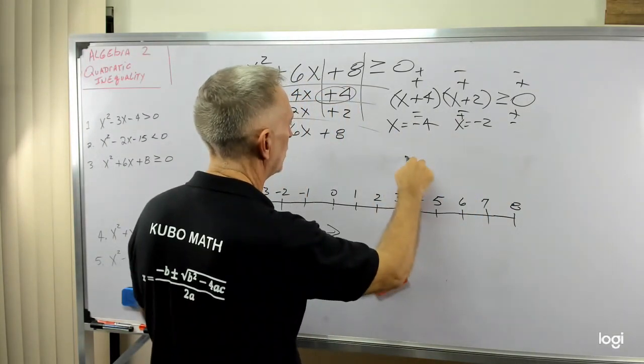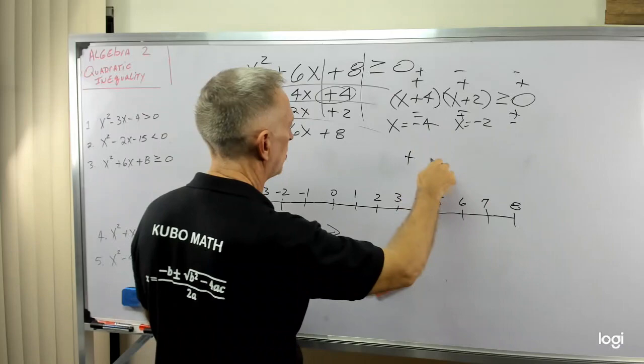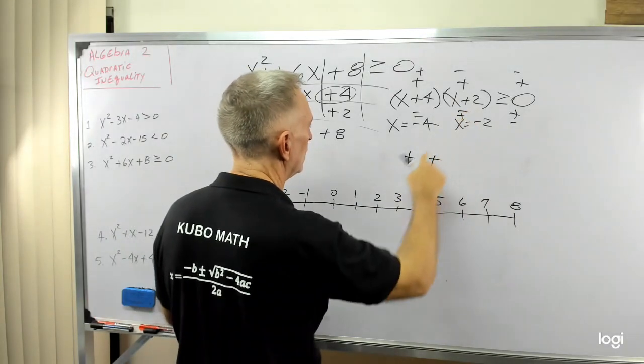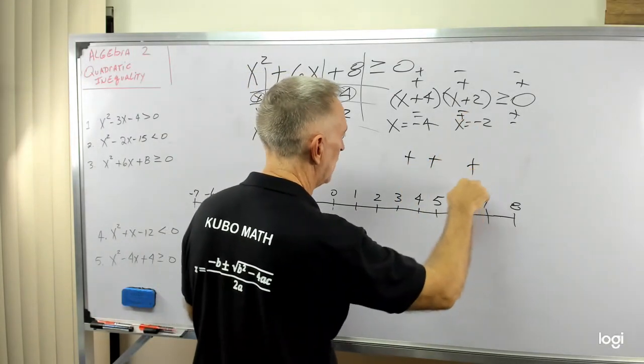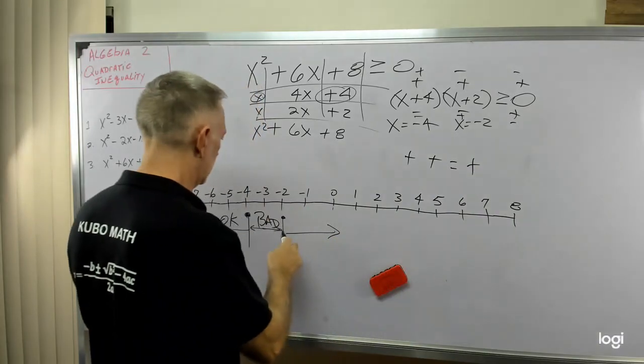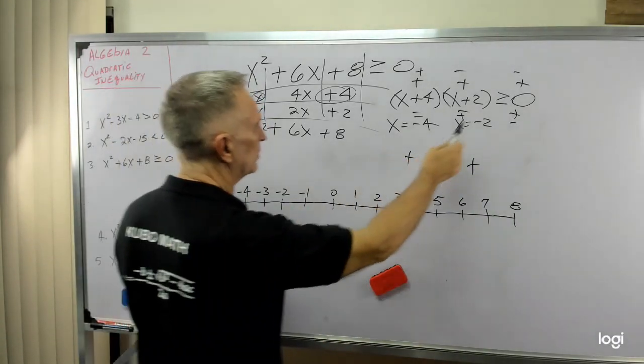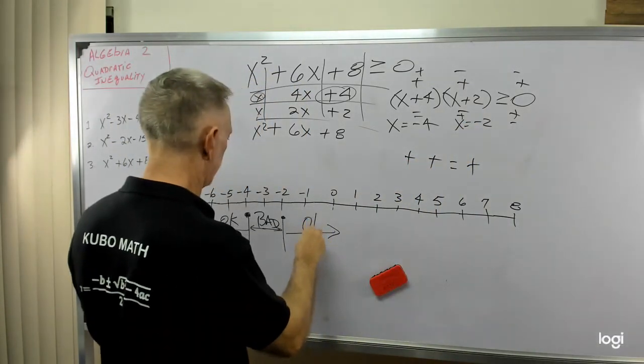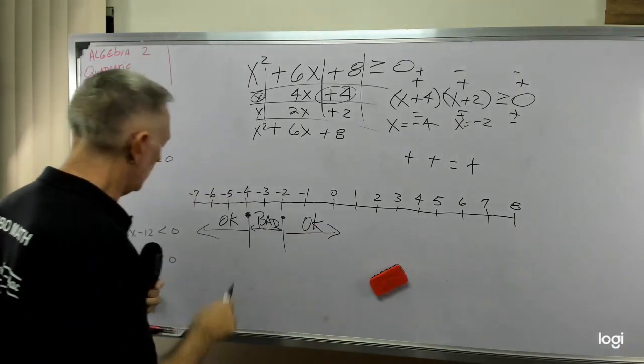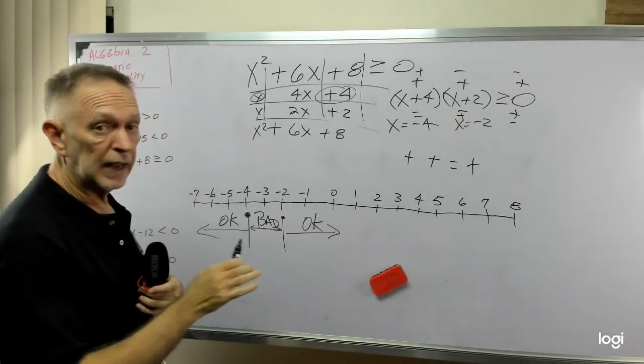So 0 plus 4 is a positive. 0 plus 2 is a positive. Positive times positive is positive. And so positive times positive, that's greater than 0, that's okay. So what does that mean about x?